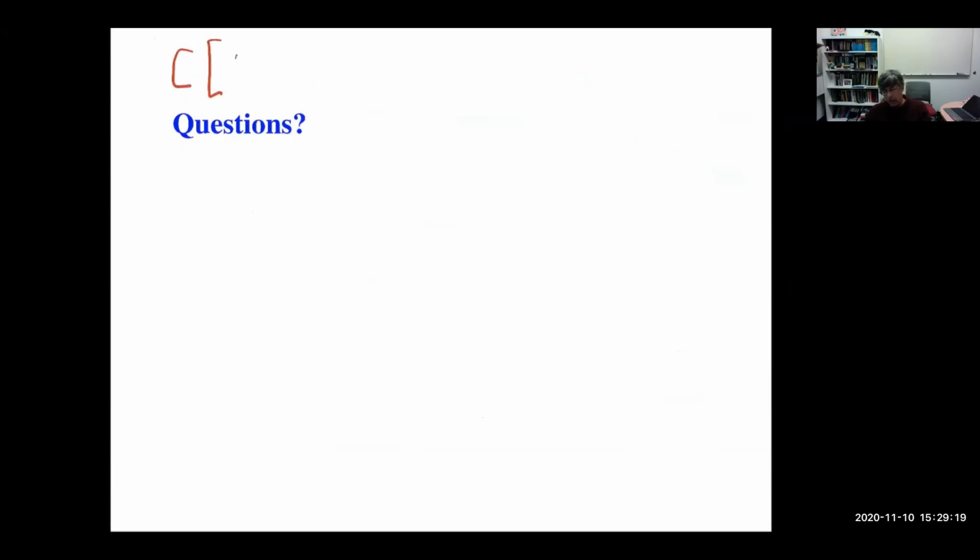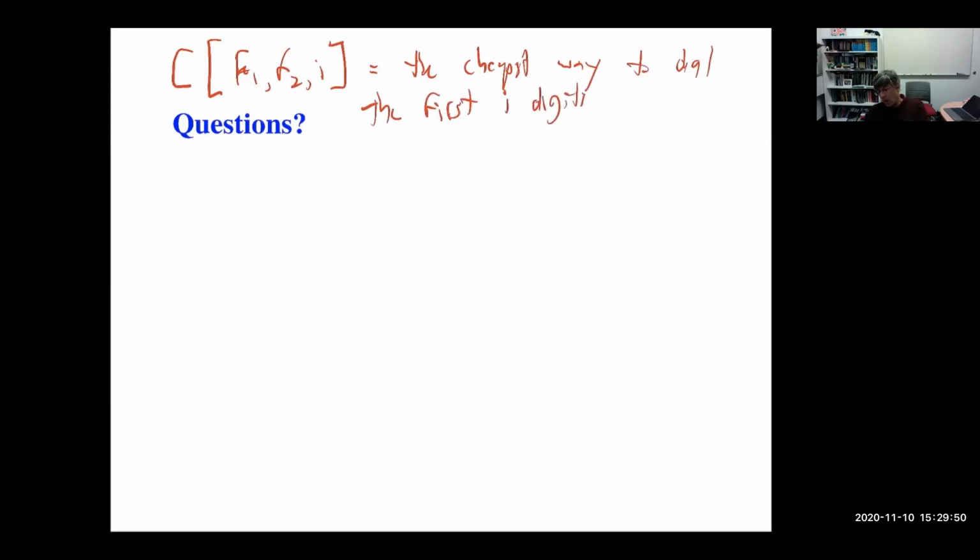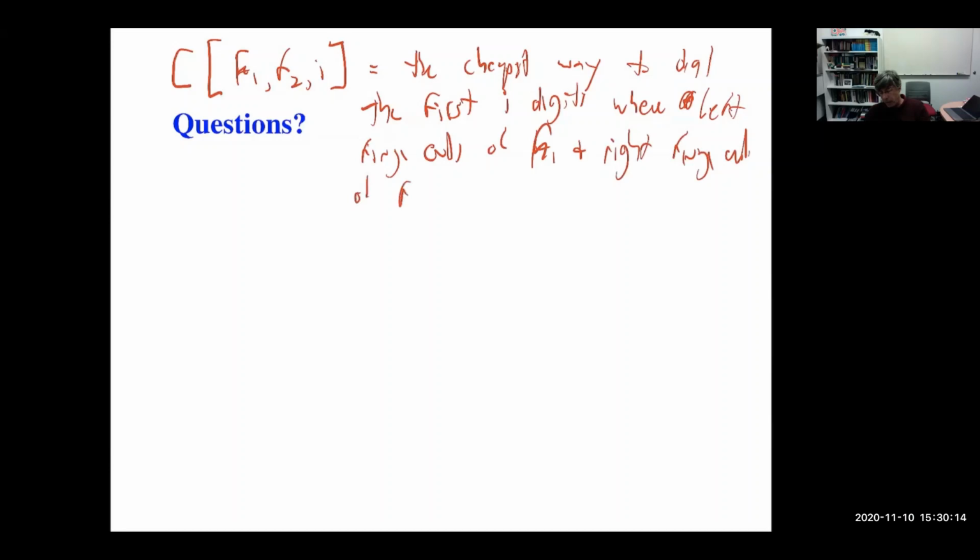C sub, let's say F1, F2, I, which is equal to the cheapest way to dial the first I digits, where the left finger ends on key F1, and the right finger ends on F2.